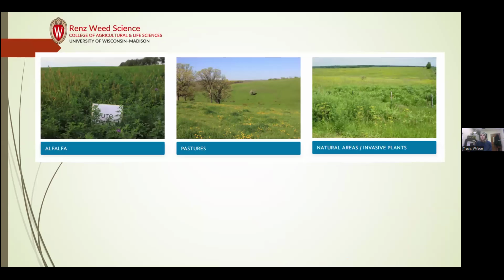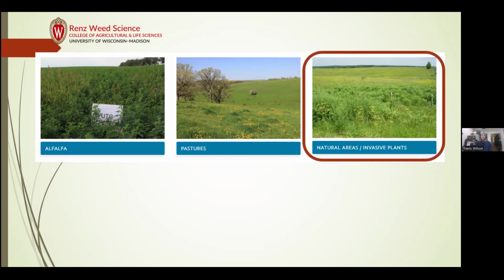So, as I mentioned, I'm part of the RENS Weed Science Lab, and our research primarily focuses on three areas. Our agronomy section is the alfalfa work that we do. We look into some pasture research as well, but the main area that my work focuses on is the natural areas and invasive plants.